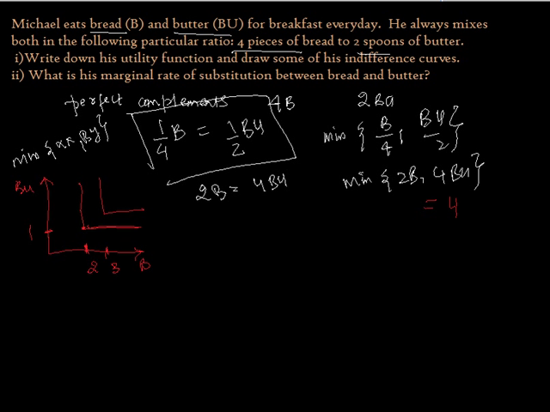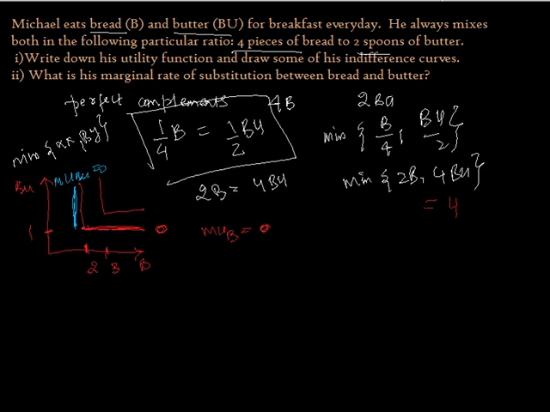See, the slope of the indifference curve here is 0. So your MUB is equal to 0 out here. At this juncture, now here your MUBU is 0.